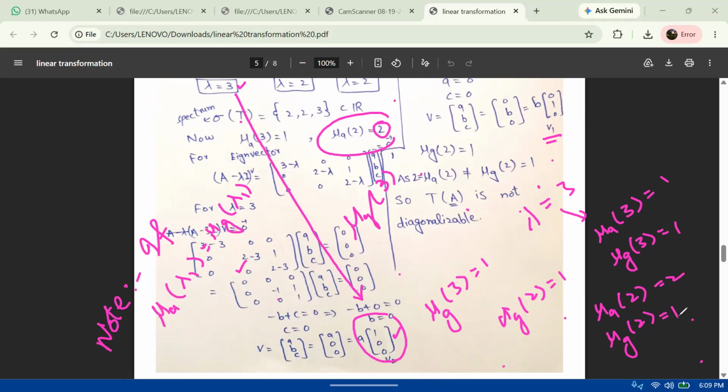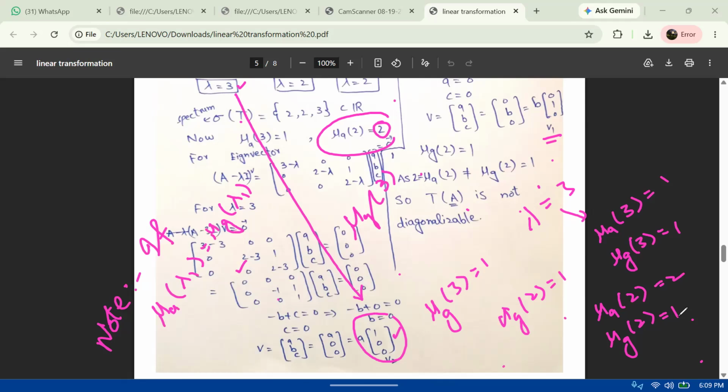So I have taught you three things. If the algebraic multiplicity of a matrix equals the geometric multiplicity for every lambda, the matrix is diagonalizable. If your matrix is symmetric, it's diagonalizable. If you get distinct eigenvalues, then your matrix is diagonalizable.